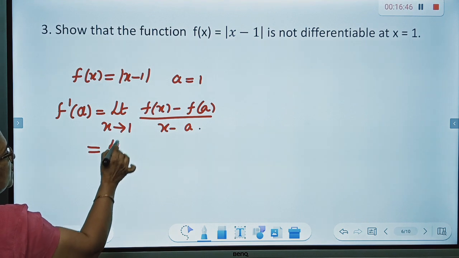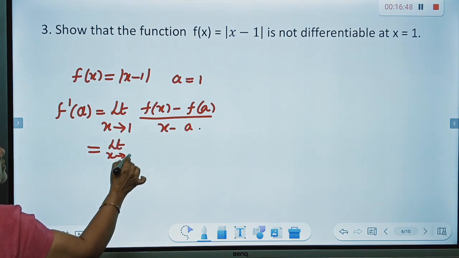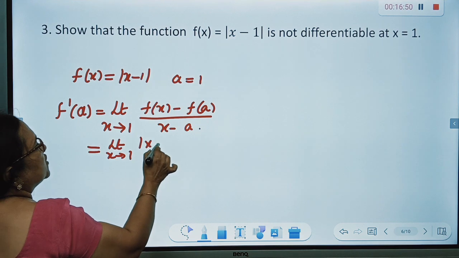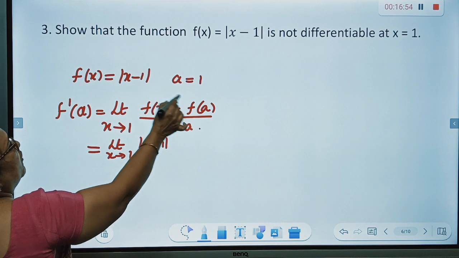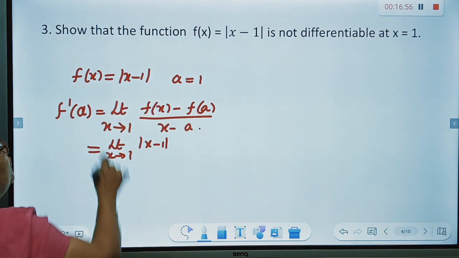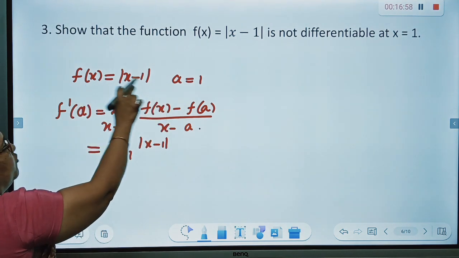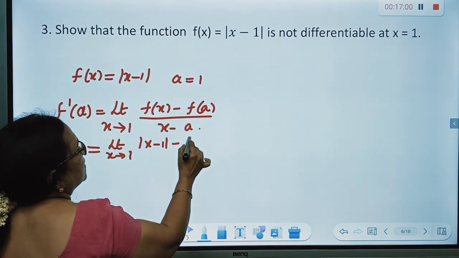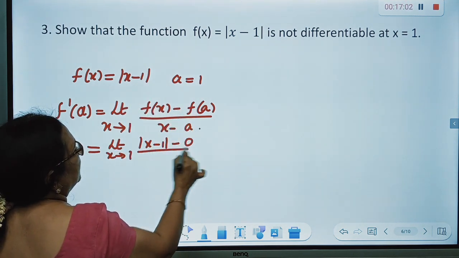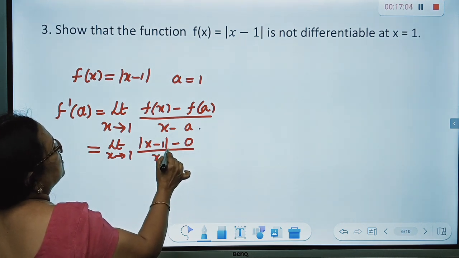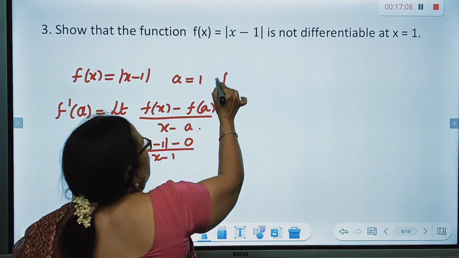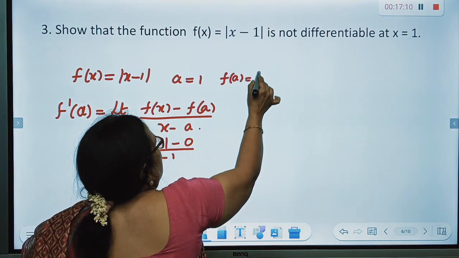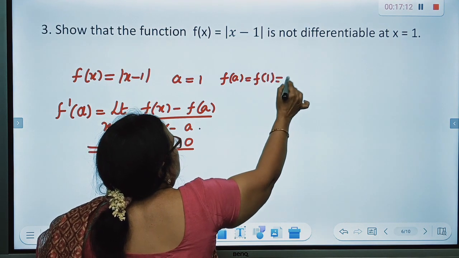This is limit x tends to 1. f of x is modulus of x minus 1. f of a, here a is 1, so f of 1 is 0. This is 0 by x minus a, which is x minus 1.